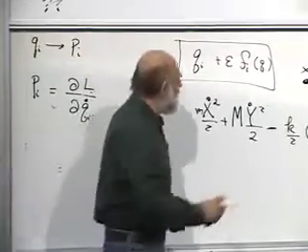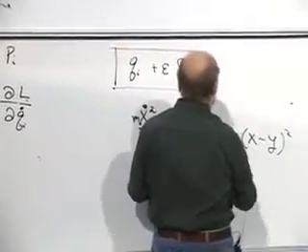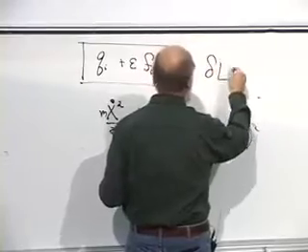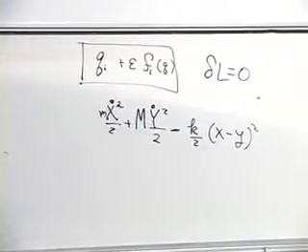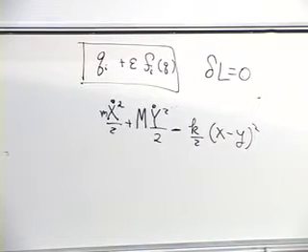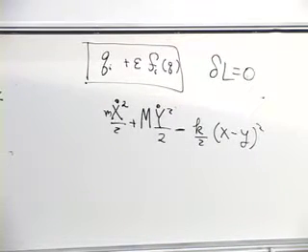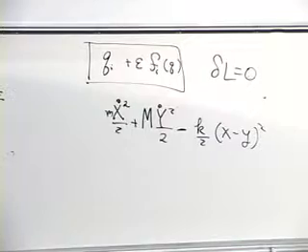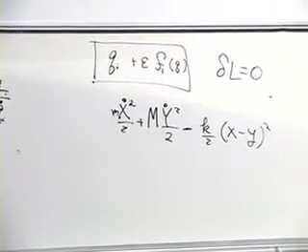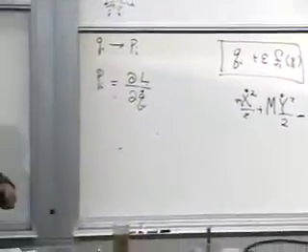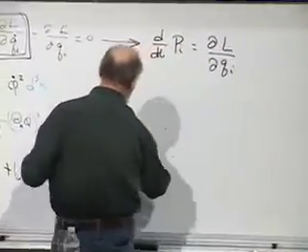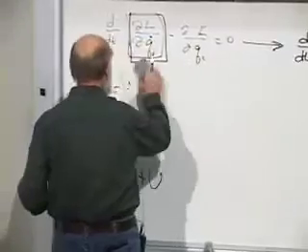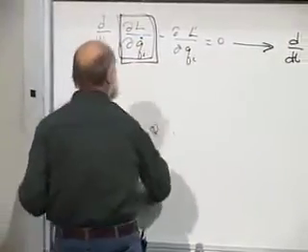In other words, assume that delta L is equal to 0 under such a transformation, under such a shift of the coordinates. All right? Then I assert that there's a conservation law. And it's very easy to work out. Let's see why that's so.